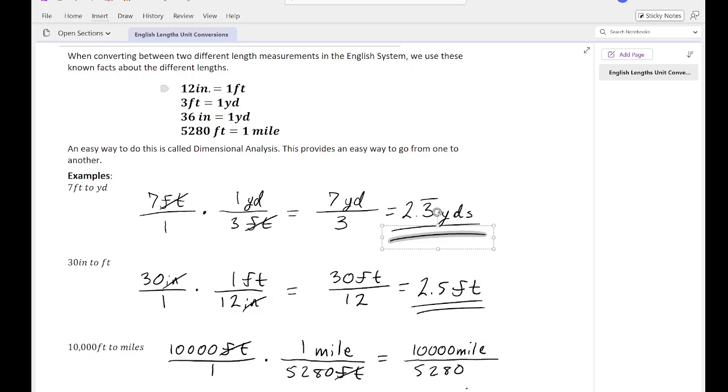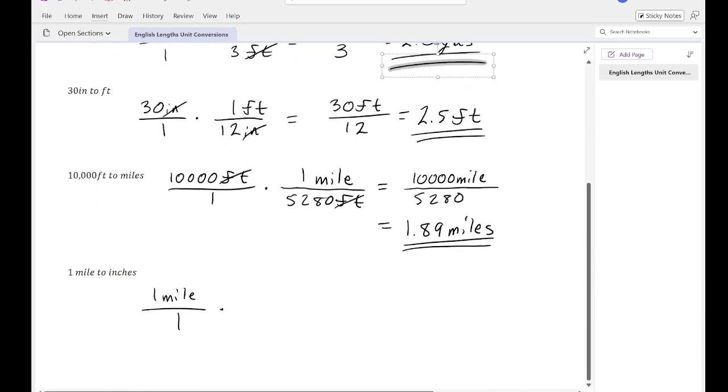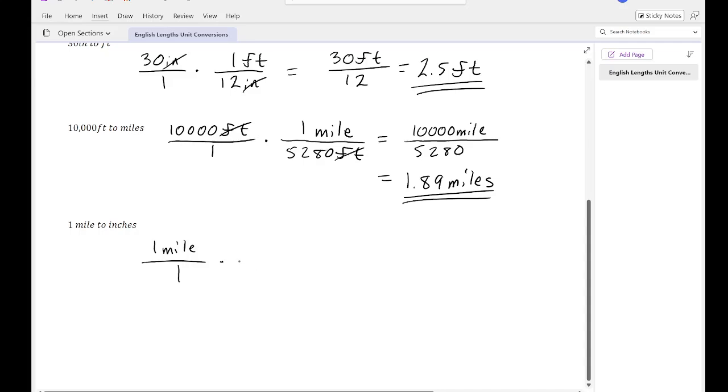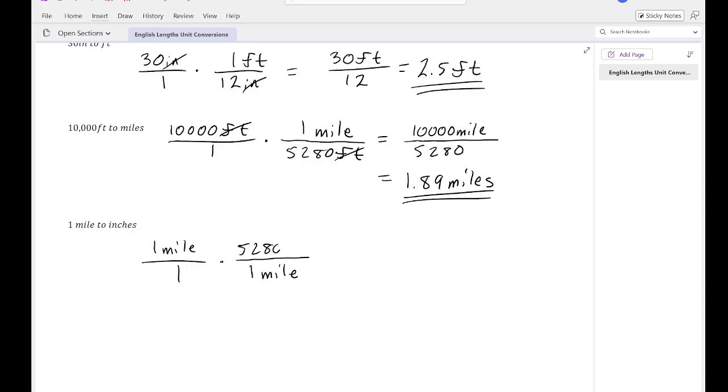And then we will get to where we want to end up. So first off, we're going to go from miles to feet. So 1 mile is 5,280 feet. So I want to get rid of miles. So I'm going to put the miles in the bottom. So 1 mile to get rid of it. And I'll have 5,280 feet up top. And clean that up.